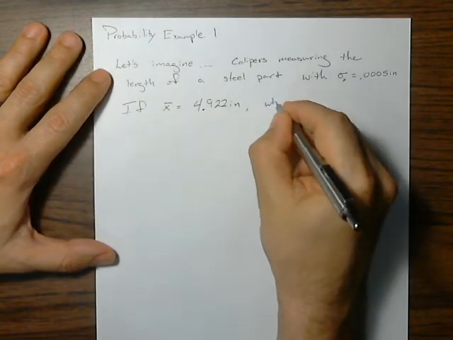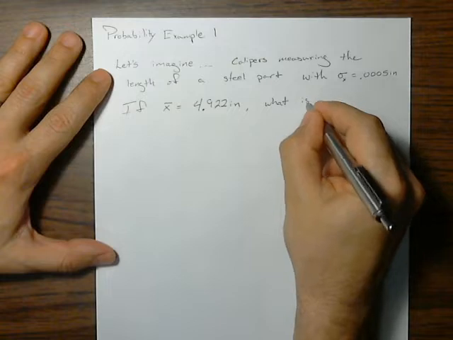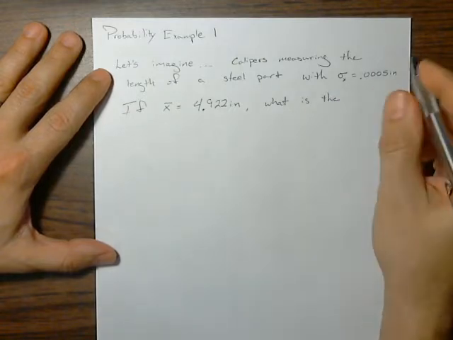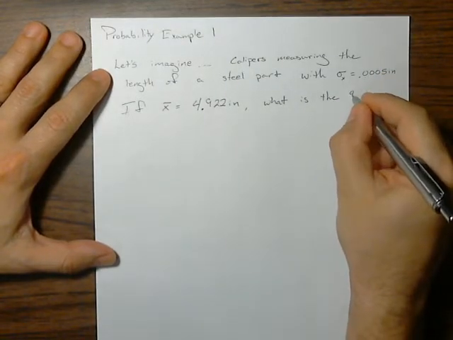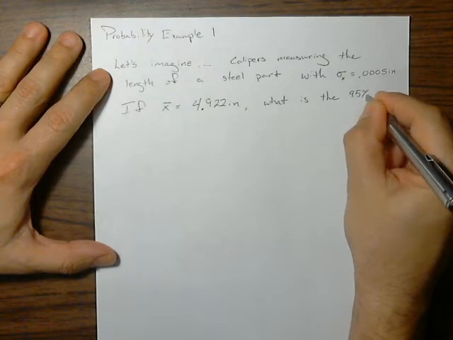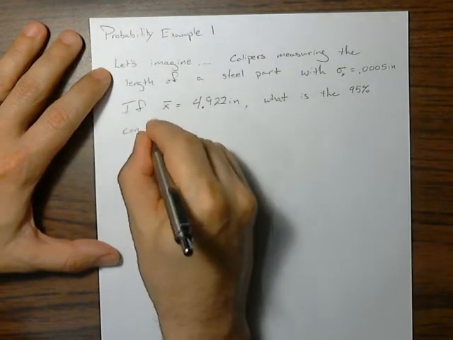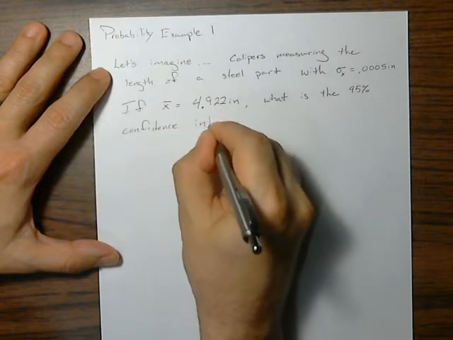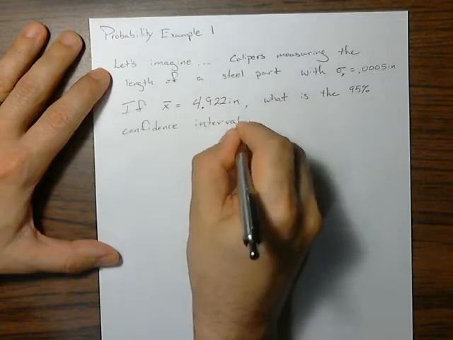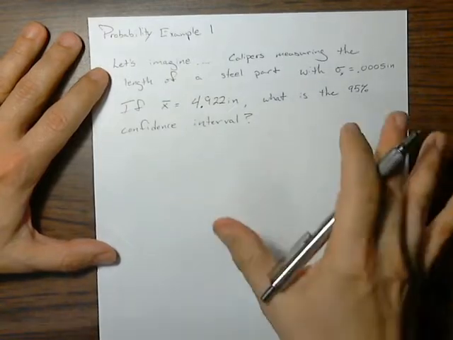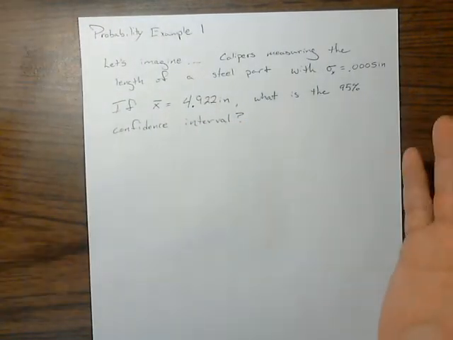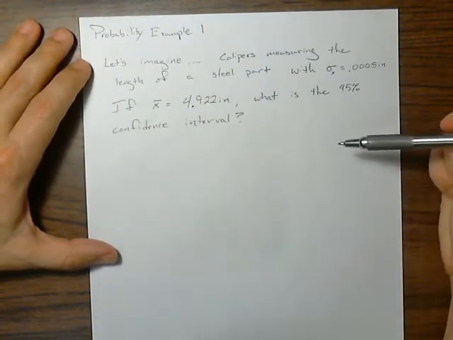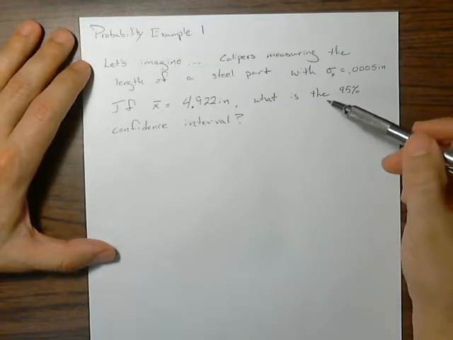Let's see. So far we've learned how to calculate the probability of something, but this problem asks us to go backwards.